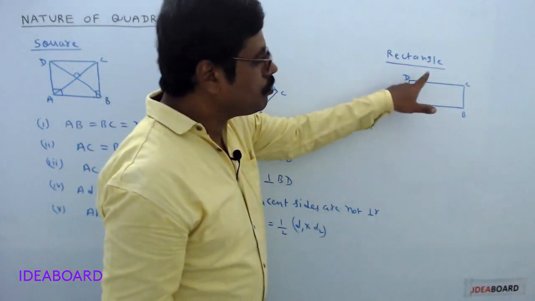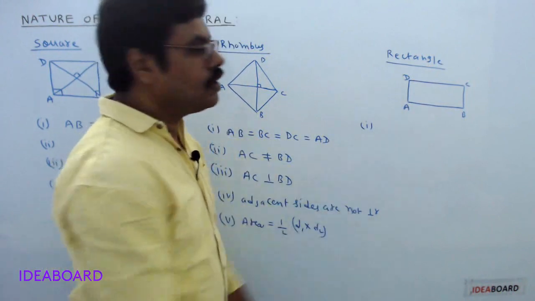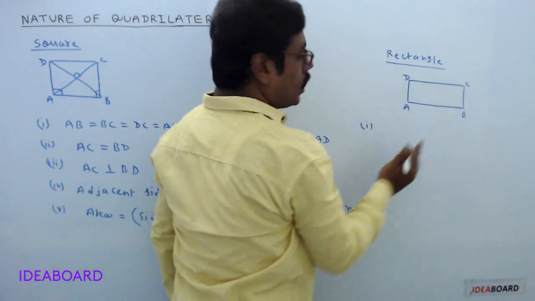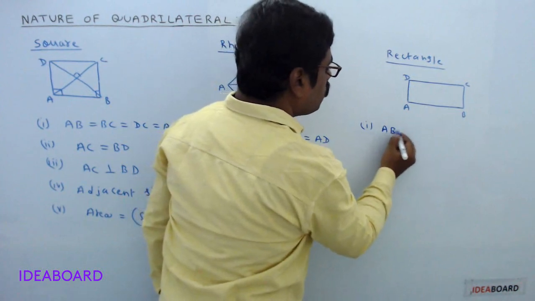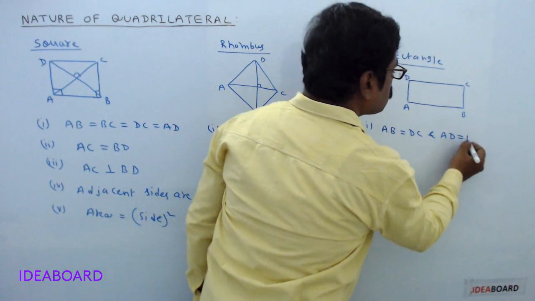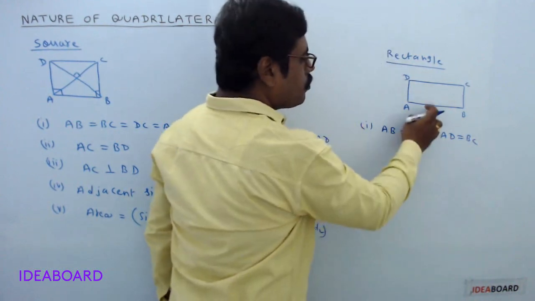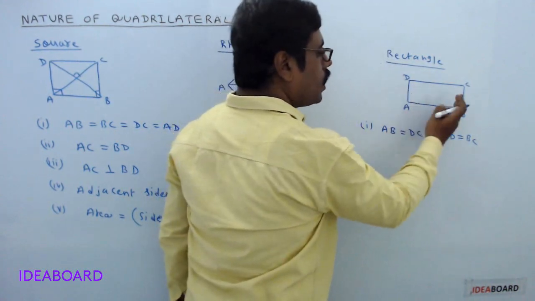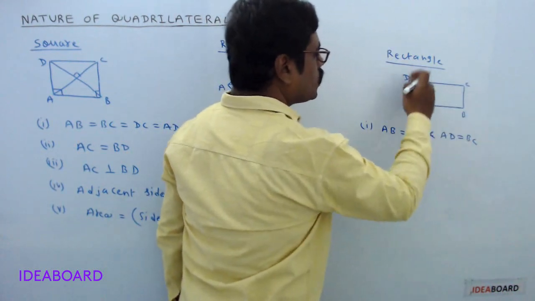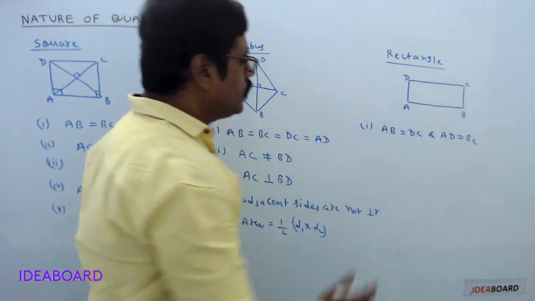Opposite sides are parallel and equal. It means AB equals DC and AD equals BC. AB equal to DC, BC equals to AD.